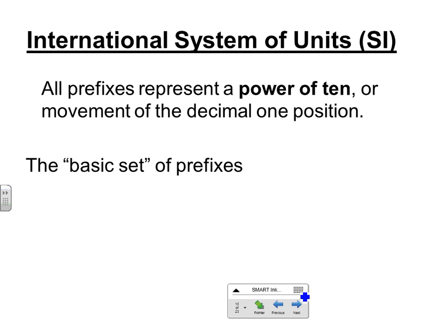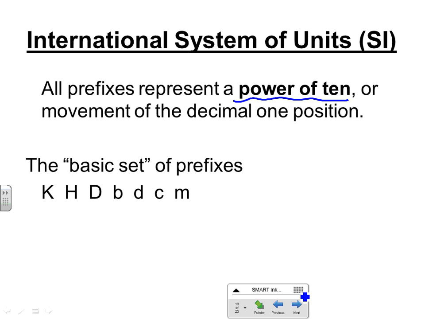So we also have to know the metric system. The metric system is just a series of prefixes. We're talking about the scale or the size of a measurement. And you already know the basic set of prefixes. You probably remember them from biology or chemistry yourself. Prefixes are all going to be in powers of 10, which is just one movement of the decimal place.